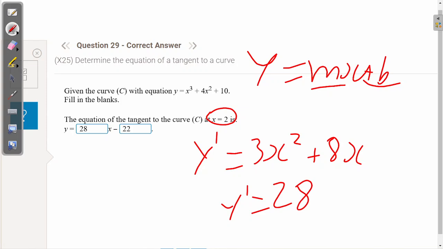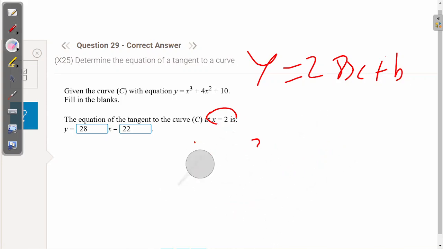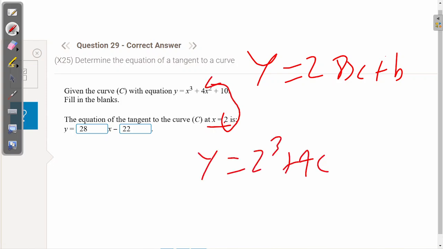So, okay, now we have y equals 28x plus b. To find b, you find a point on the line, right? The point that we know is at x equals 2. So let's substitute x equals 2 in the original y. So y equals 2 cubed plus 4 times 2 squared plus 10.